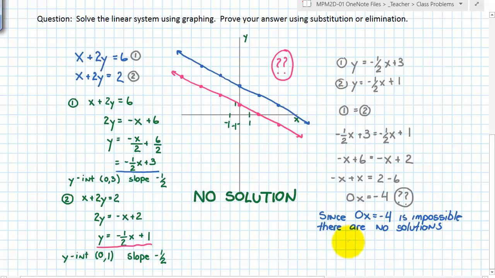And what mathematicians say in general is the following. If you get a situation that is 0x equals a, where a is an element of the reals, meaning a is a real number, that means your system has no solution, which is the case when the lines are parallel and have different y-intercepts.